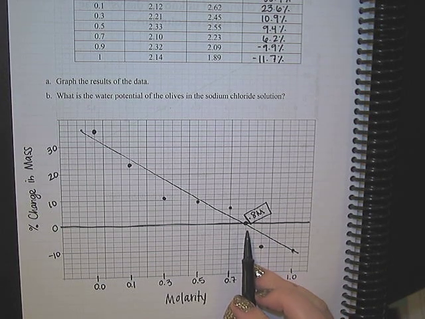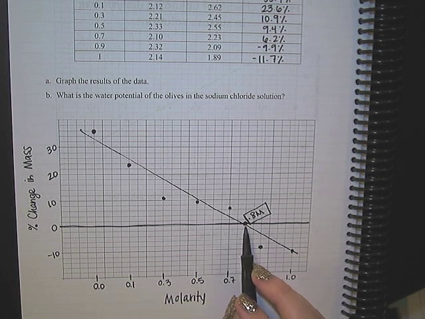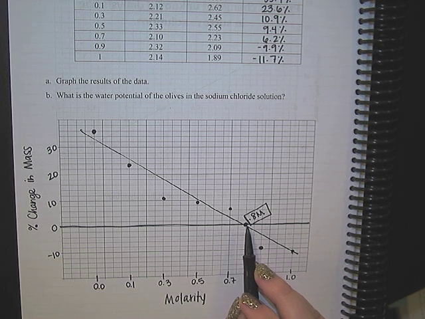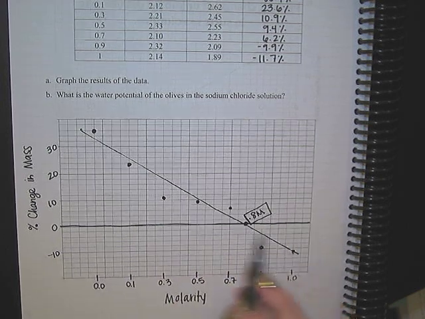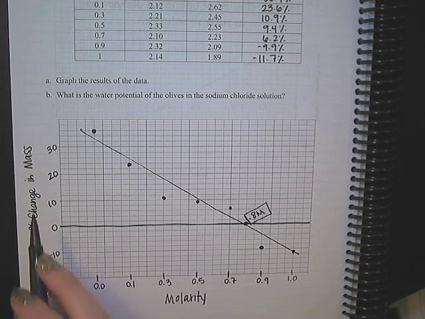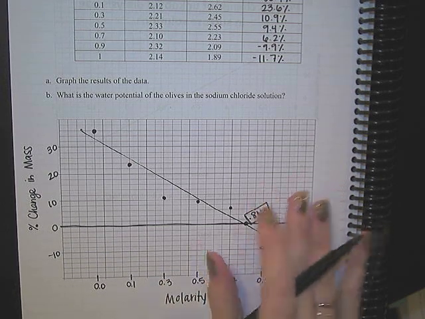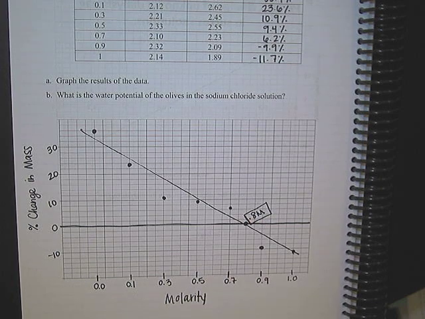Again, we want to make sure that the person grading your paper knows that you know what you're talking about and you know what that C represents, which is where there would be a 0% change in mass. So the next thing we're going to do is plug this number into our formula.